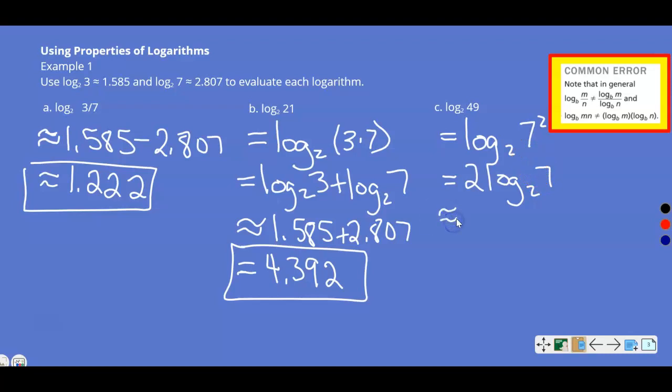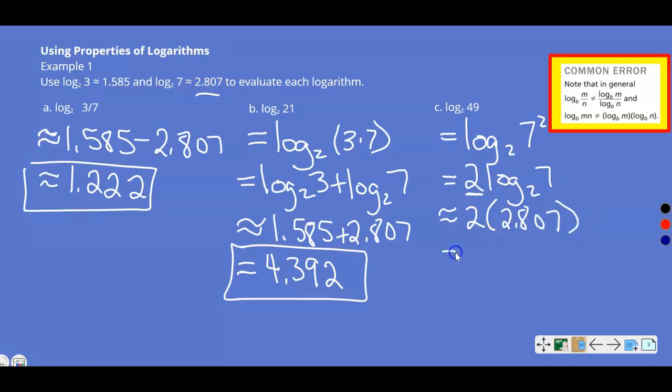So we have 2. It's not really an equation, it's more of an expression, but we're going to have the 2 come down, and then log base 2 of 7, we're going to replace that with 2.807.